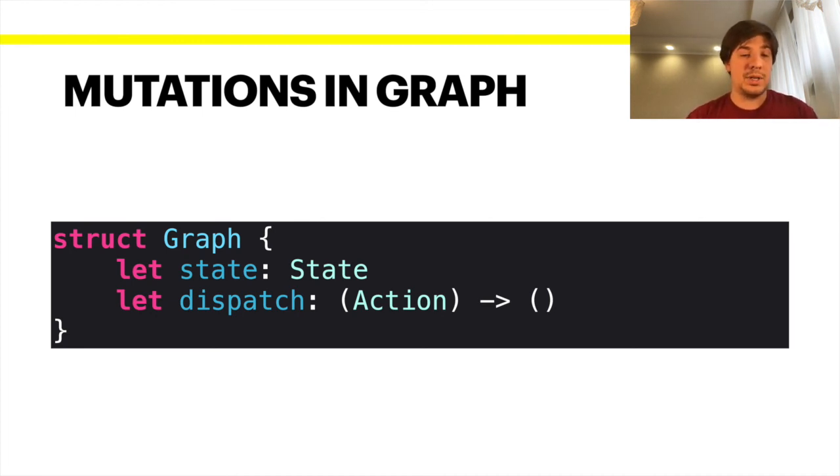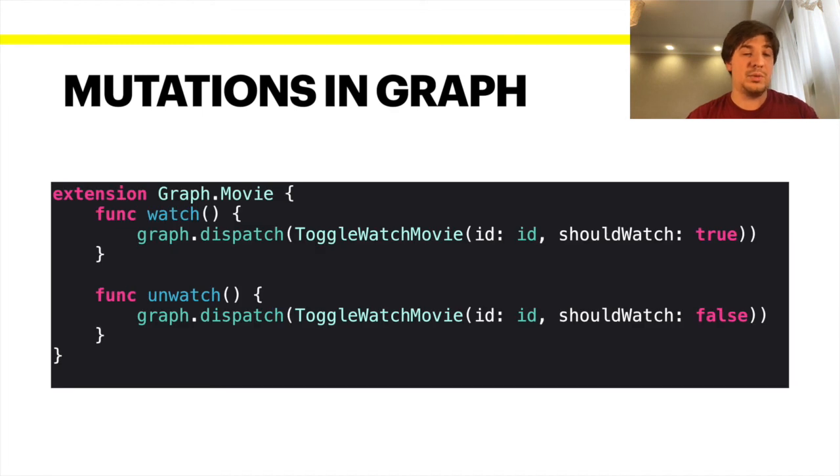But using this, for the movie, for example, we can add a function watch, which will itself trigger graph dispatch some action with some ID encapsulated inside it and some details. So basically we can encapsulate not only the access patterns but also mutation patterns. So we can have functions, we can have computed properties, and this means that we can use the graph as the only interface to the state in our system.